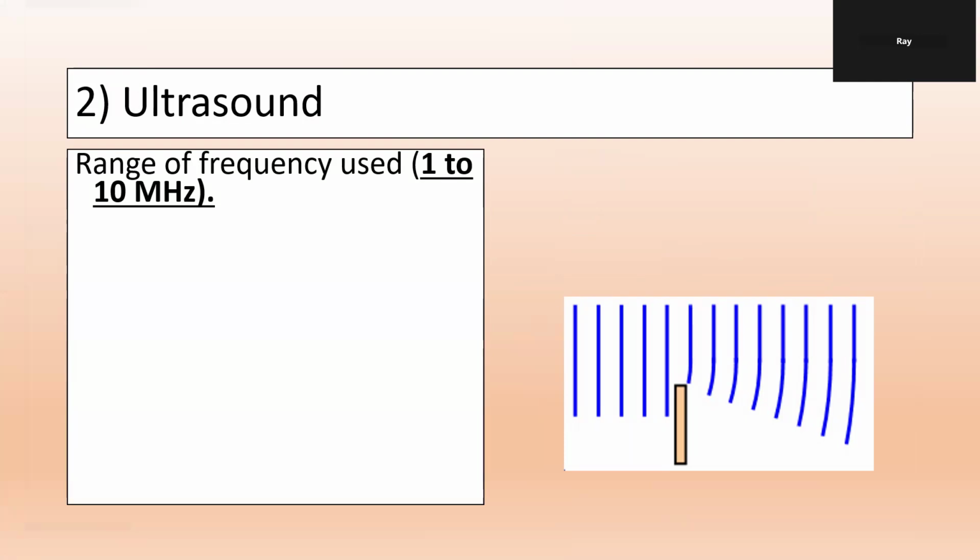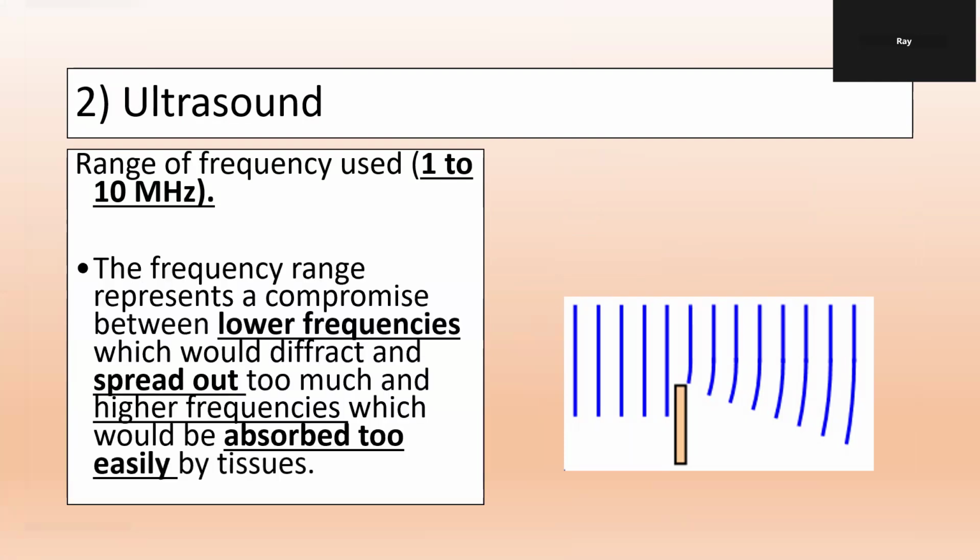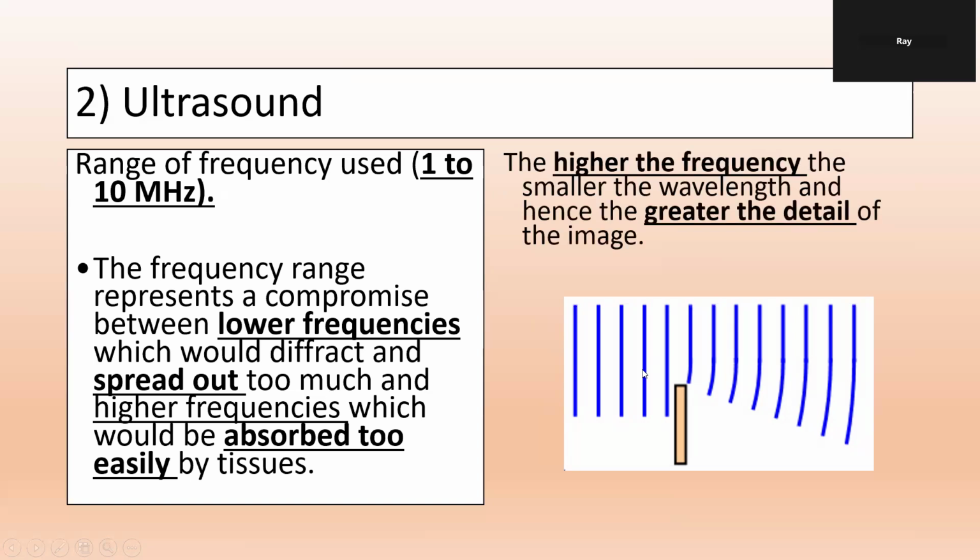Range of frequency used is 1 to 10 megahertz. Frequency range represents a compromise between lower frequency, which would diffract and spread out too much, and high frequency, which will be absorbed too easily by tissue. The higher the frequency, remember, the smaller the wavelength, and hence the greater detail of the image.